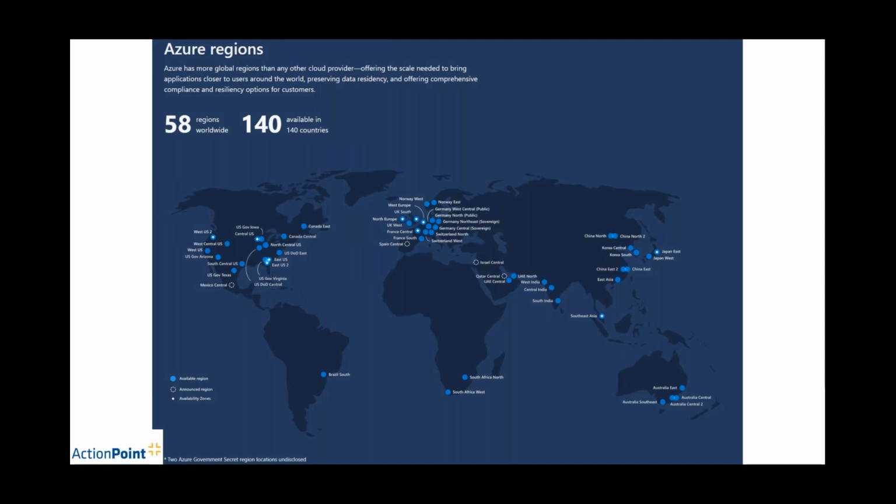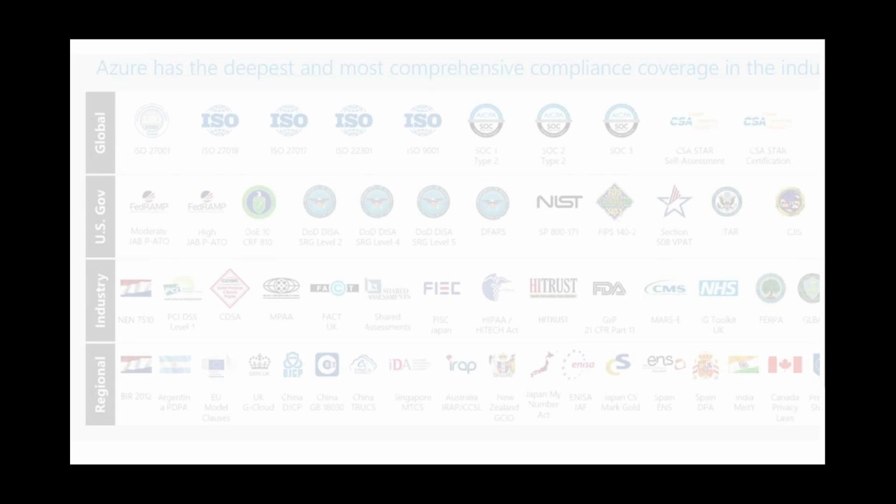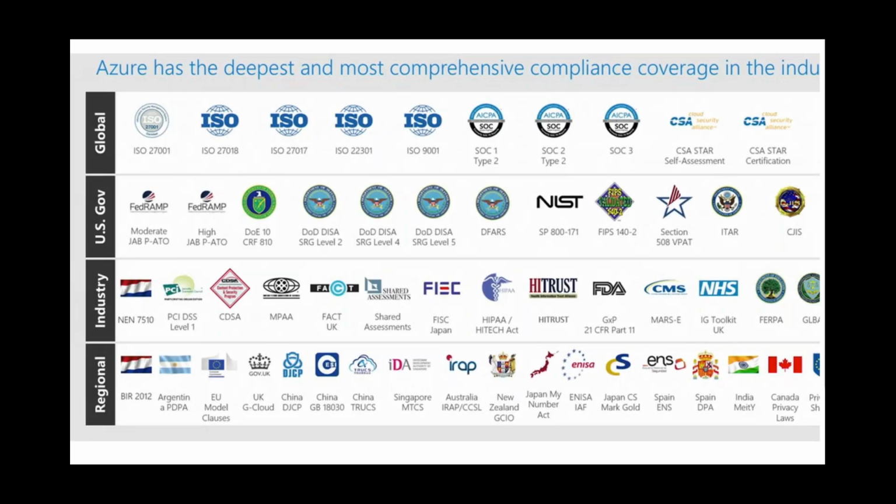Microsoft Azure currently has a global footprint of 58 regions worldwide and is accessible in over 140 countries. In addition, the level of certification that Microsoft Azure has is second to none, and that in turn is mapped onto Windows Virtual Desktop. I think there's close to 100 different certifications, from ISO, PCI, HIPAA, GDPR, etc.